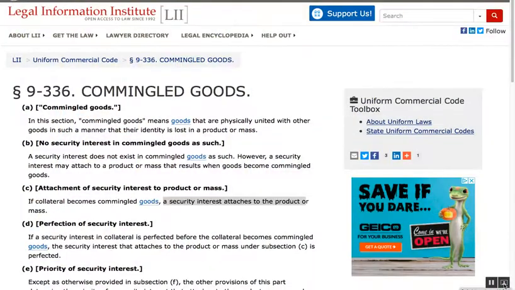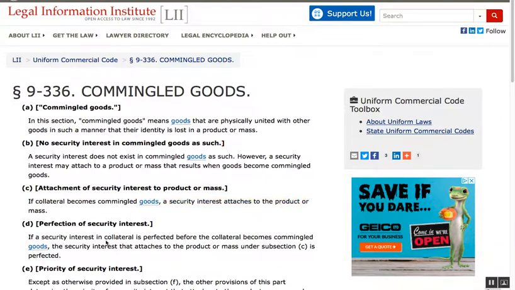Once they're mixed together, blended a little so that they're no longer distinguishable, the security interest in the eggs and the flour goes away, it's extinguished, and in its place immediately springs up a security interest for both parties in the cake. So now they're sharing collateral. We'll see how this turns out. Okay.